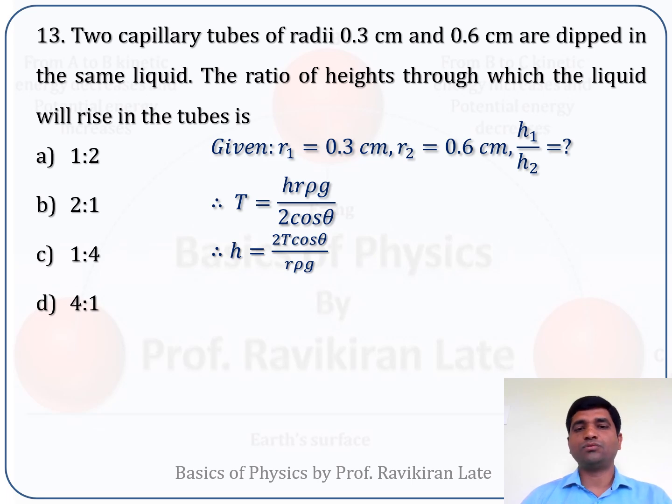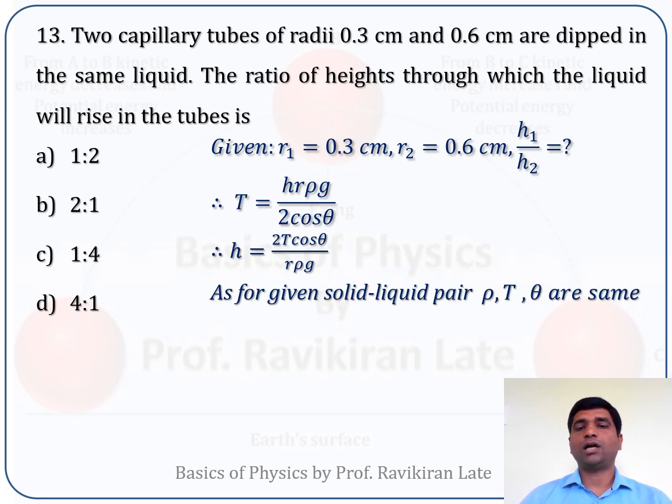Now in this case we know that for a given solid-liquid pair, the density of the liquid will be the same, surface tension will be the same, and the angle of contact will obviously be the same. So from this expression, h comes out to be inversely proportional to r.